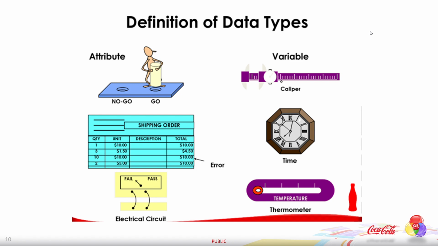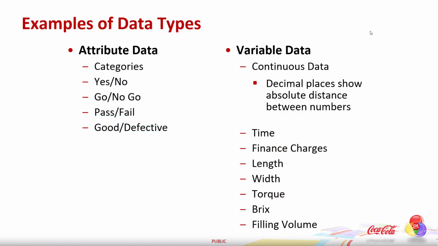For example, the data of time, the data of thermometer temperature readings. All these types of readings are variable data. So attribute data and variable data. For example, in attribute data, we have categories: yes, no, go, pass, fail, good and defective.